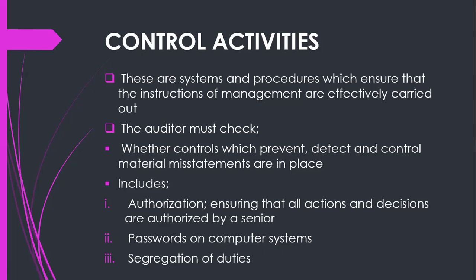So control activities are procedures and systems which ensure that instructions of management are effectively carried out. The auditor must check whether the controls which prevent, detect, as well as control material misstatements are in place. So now, us as auditors, we come to your company. We need to inquire from management, is there a system of confirmation of counts? Do you confirm the counts? How do you confirm the counts?